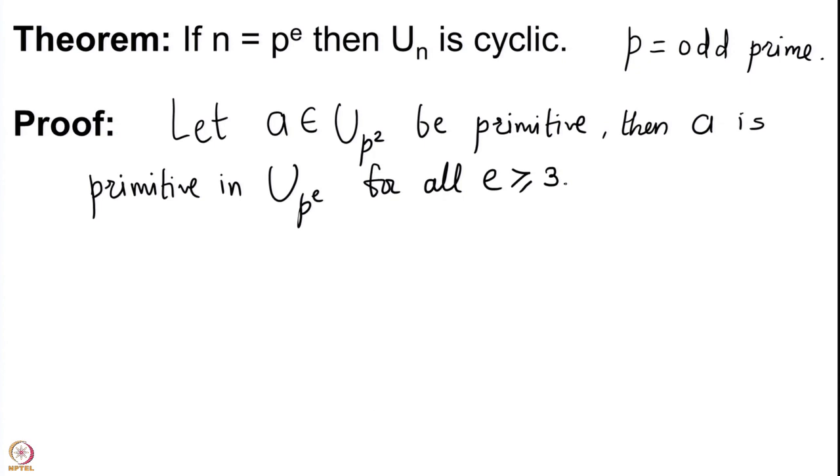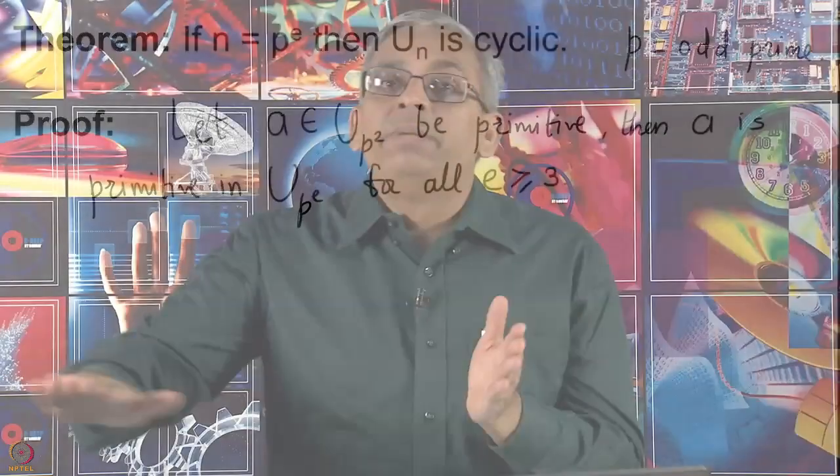This is a fantastic result. It tells you that once you start with a primitive root modulo p square, that element will continue to remain primitive modulo all the higher powers. That is a great result, because now we do not have to work with cases.